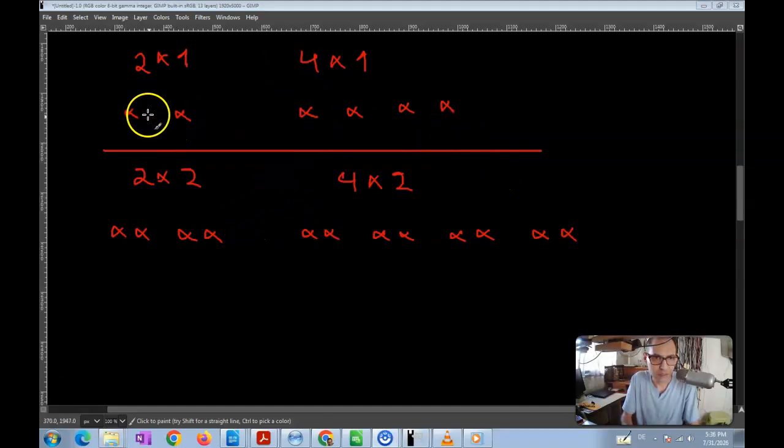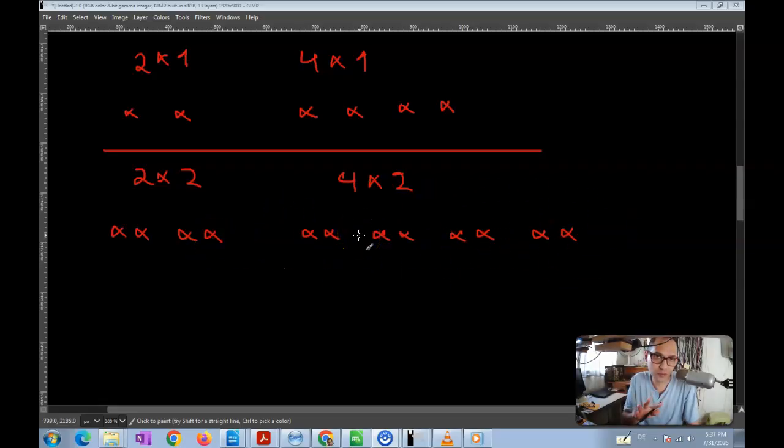So now you can see that the number of objects in each group, in both cases, is always the same. Over here we have one object in each group, and then over here we have 2 objects in each group.